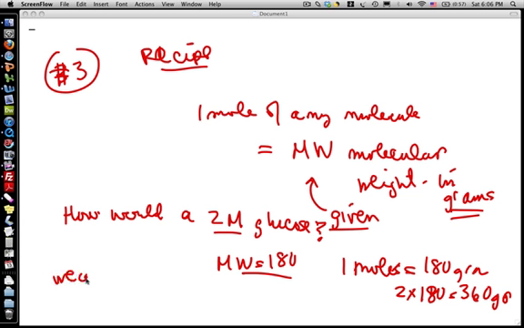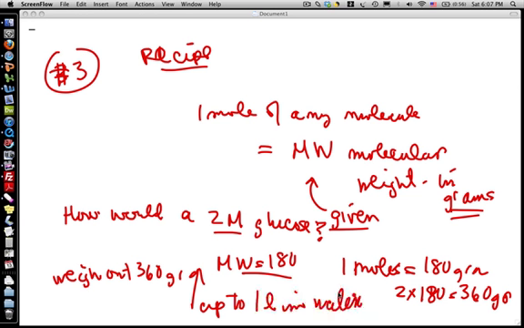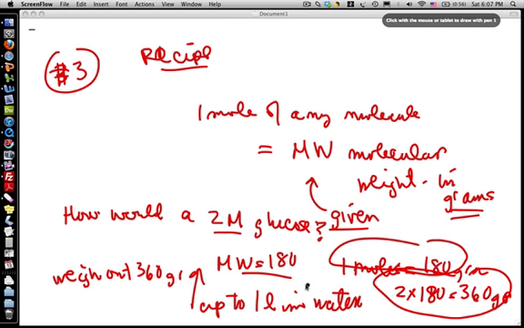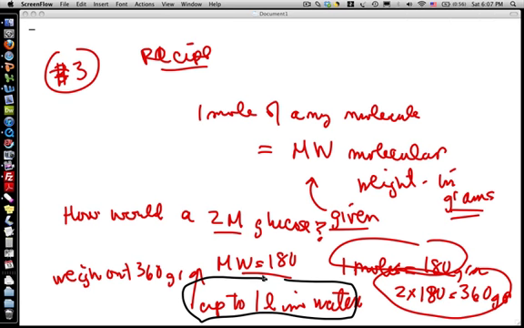So weigh out 360 grams of glucose, and then dissolve up to 1 liter in water. And you would have 2 moles. 1 mole weighs 180 grams, and 2 moles weigh 360, so you'd have 2 moles in 1 liter. And when I'm doing molarity problems, I always first calculate it as if I'm going to make a 1 liter volume.